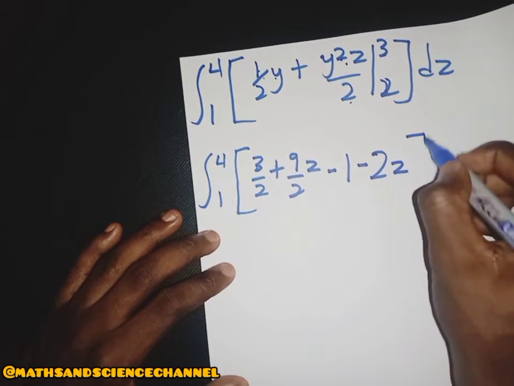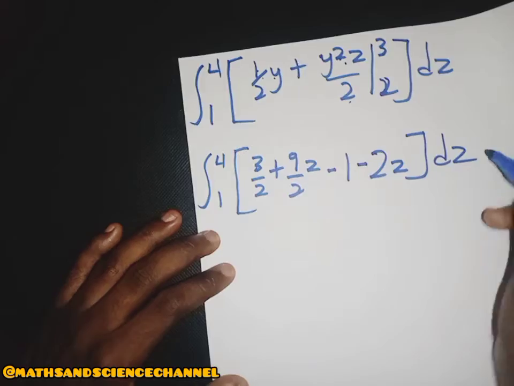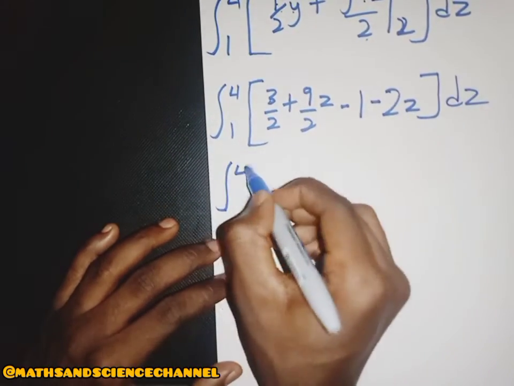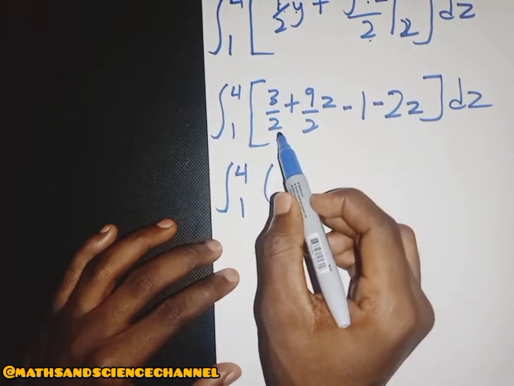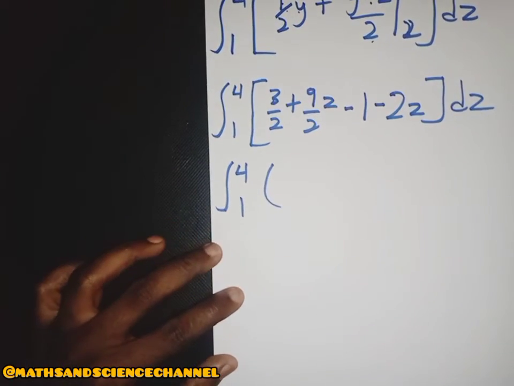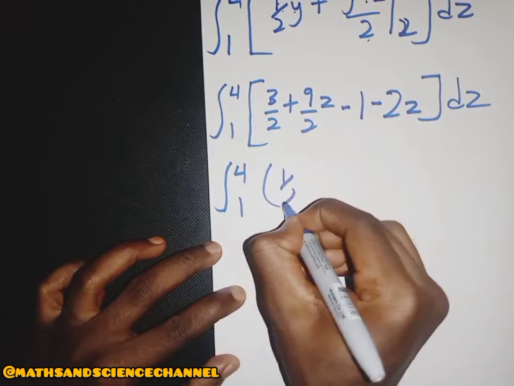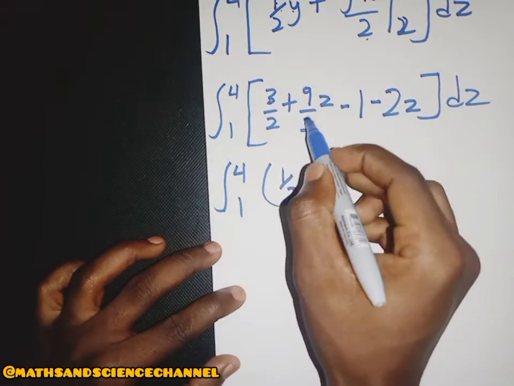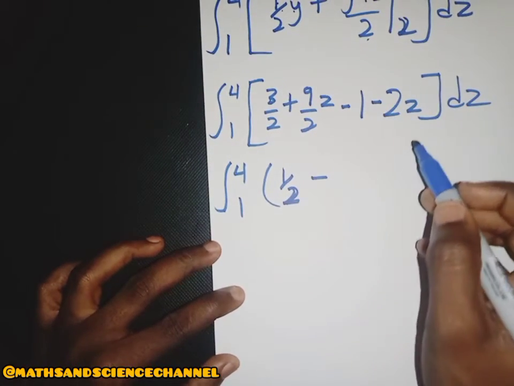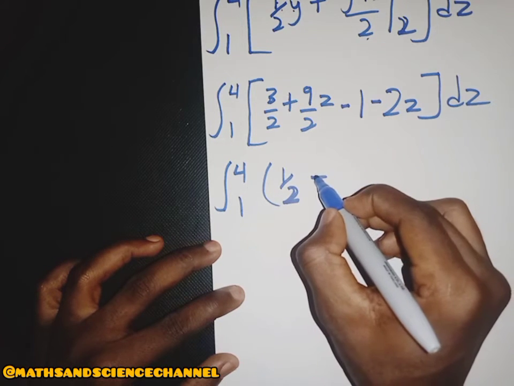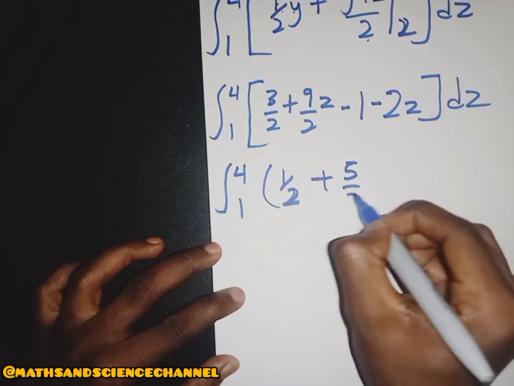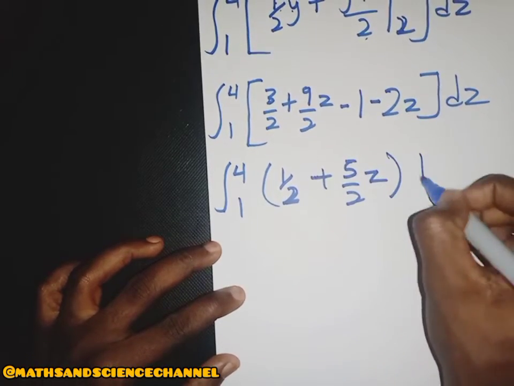So we simplify the whole of that. 3 over 2 minus 1 gives us 1 over 2, and 9 over 2 z minus 2z gives us plus 5 over 2 z, and then we have the dz over here.